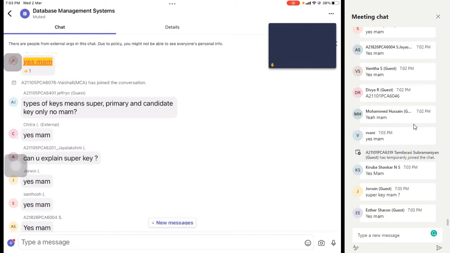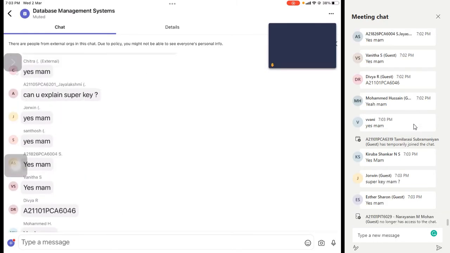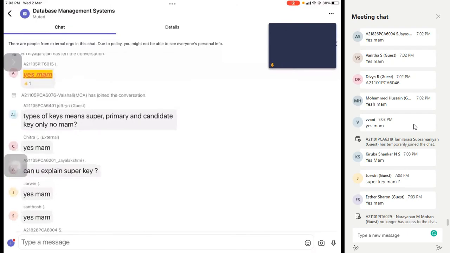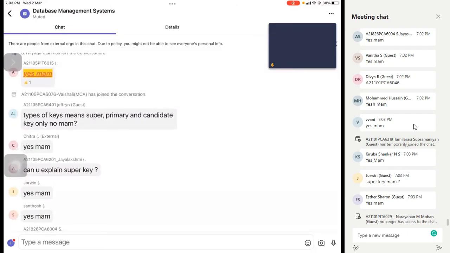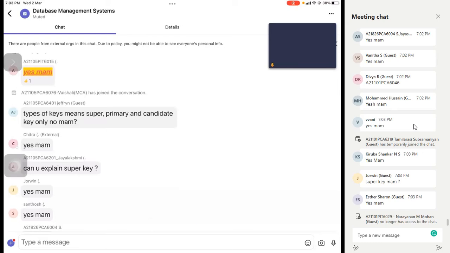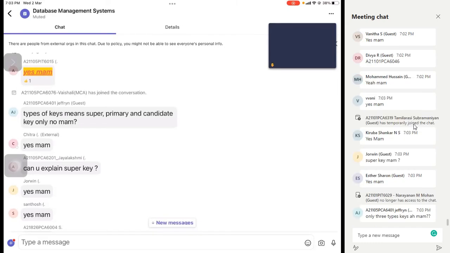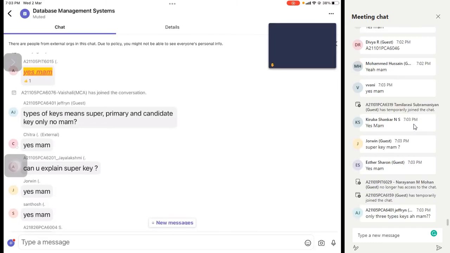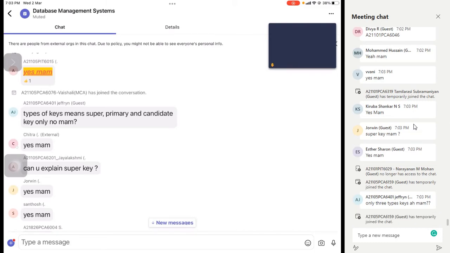Super key means a set of keys which identifies a particular record. The candidate key can also access a particular database. In some situations, it may not be able to identify.